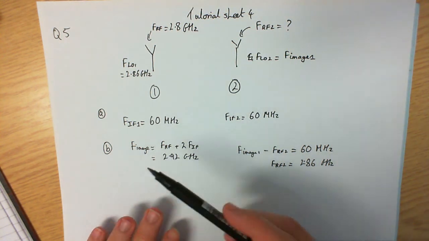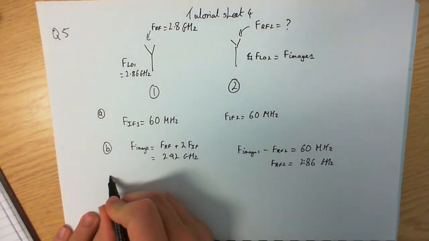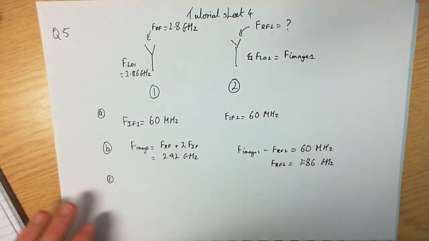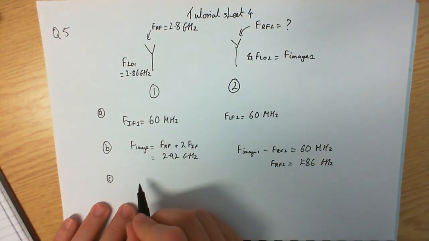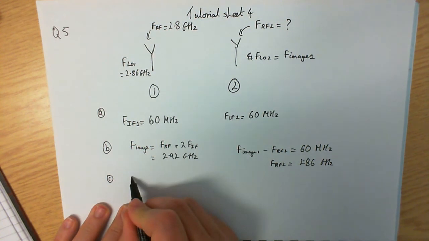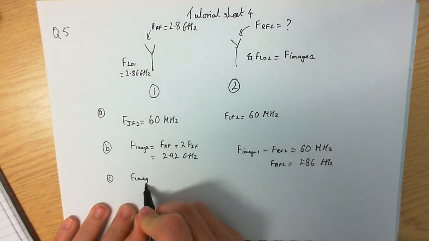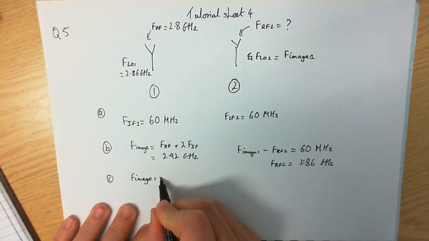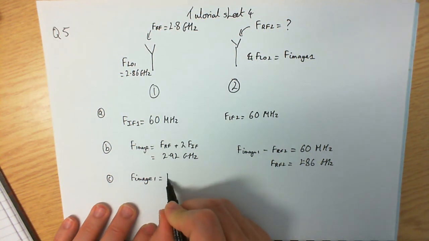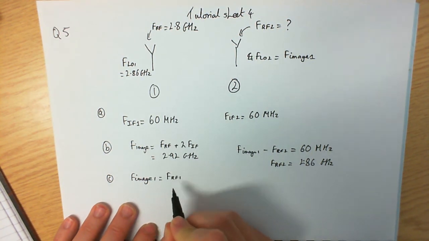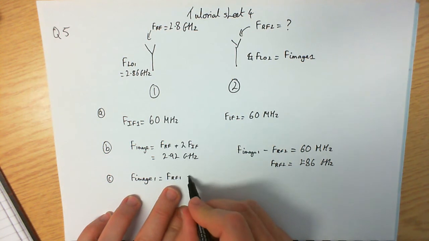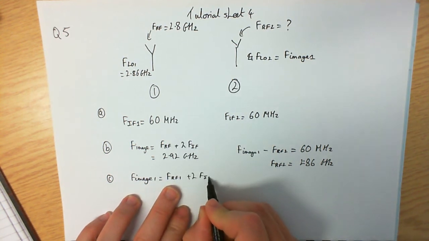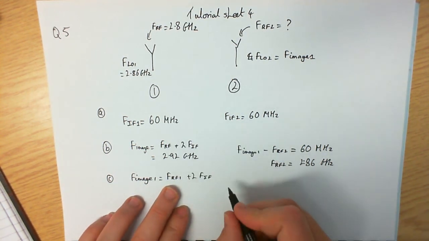So we need to first of all write down some equations that describe the two systems. So first of all, we've got something that we've had before. F image, frequency of the image, is the first frequency plus 2 FIF. So that's equation 1.